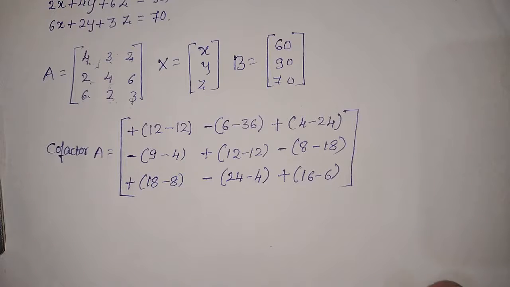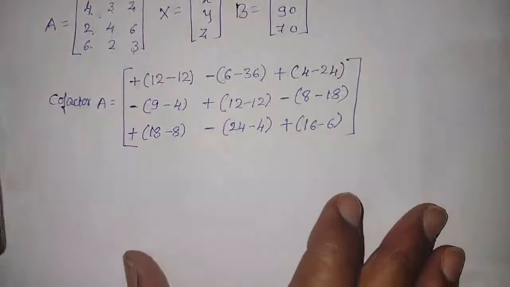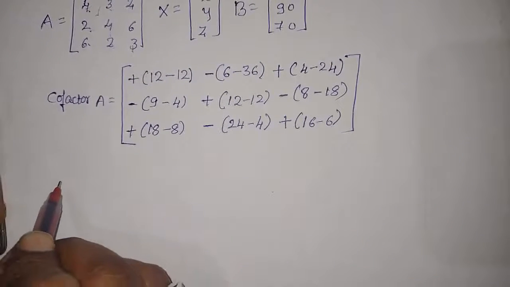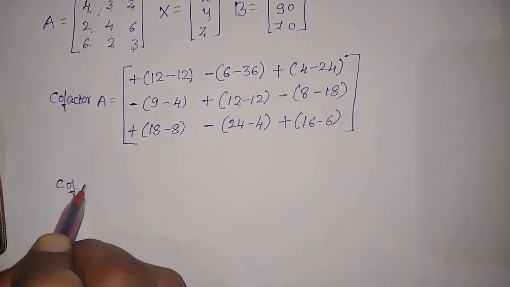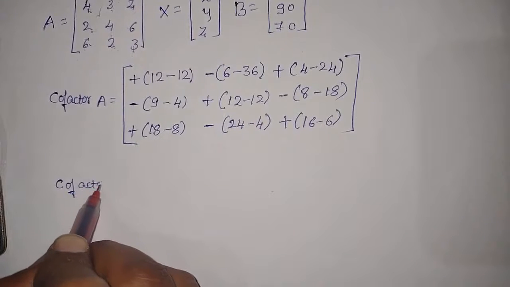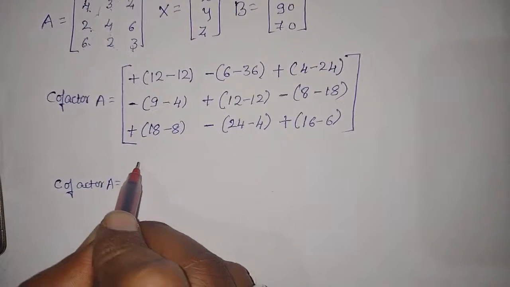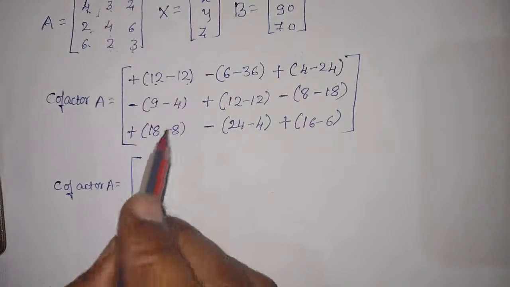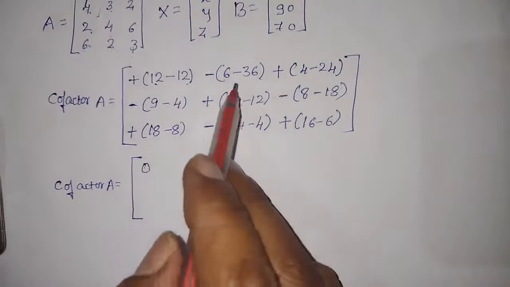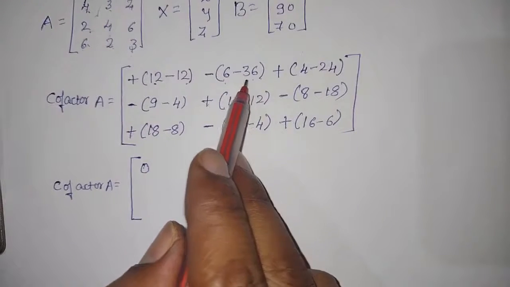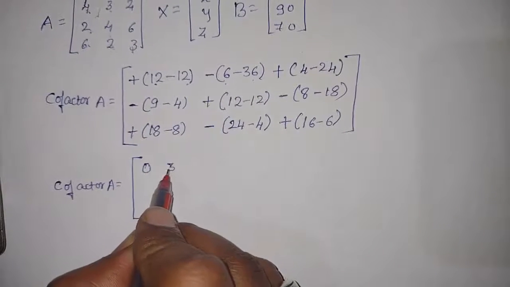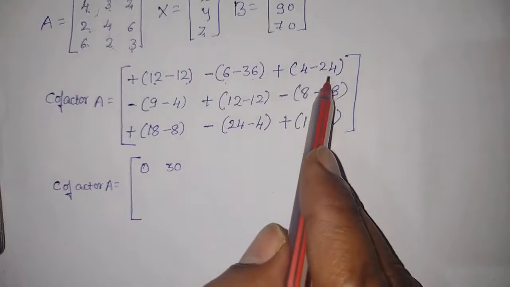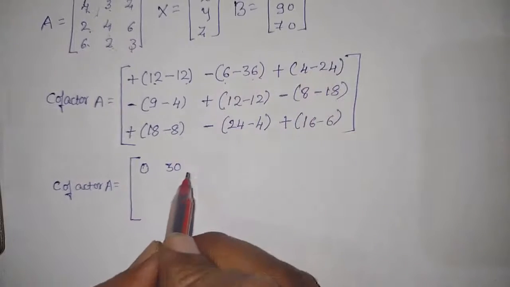After simplification, the cofactor of A is the matrix: 12 minus 12 is 0; 6 minus 36 is minus 30, minus into minus is plus 30; 4 minus 24 is minus 20.